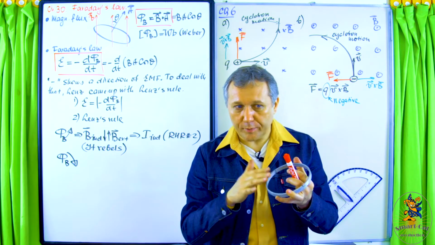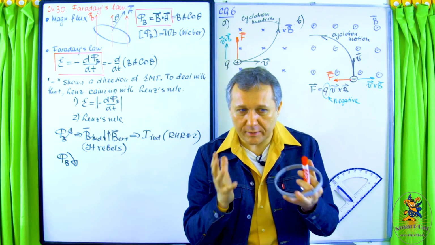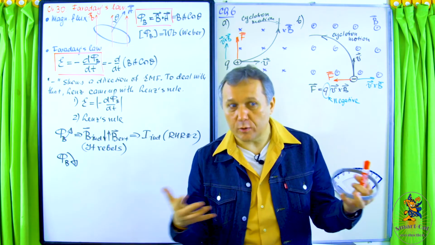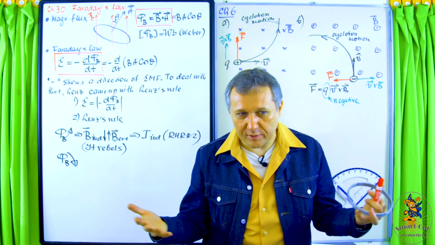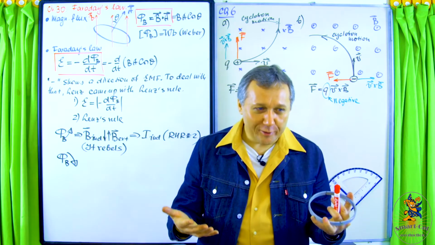Okay, so again, the loop is not going to like it because you remember it wants to keep flux as constant as possible. That's its goal. So it means in this case, it sees, okay, you're dying through me. So again, it will start driving current through itself, like electrocuting itself.